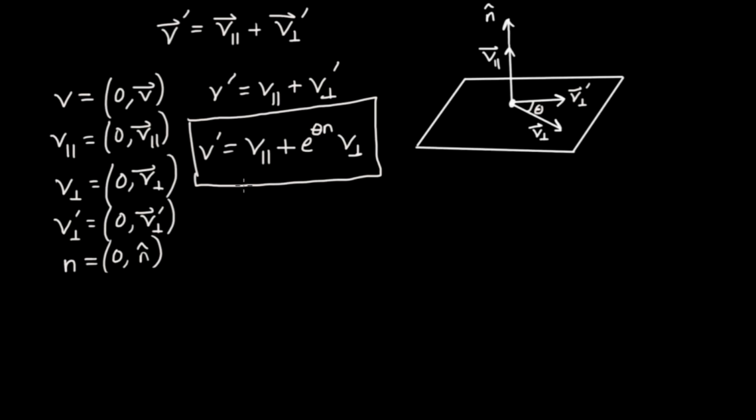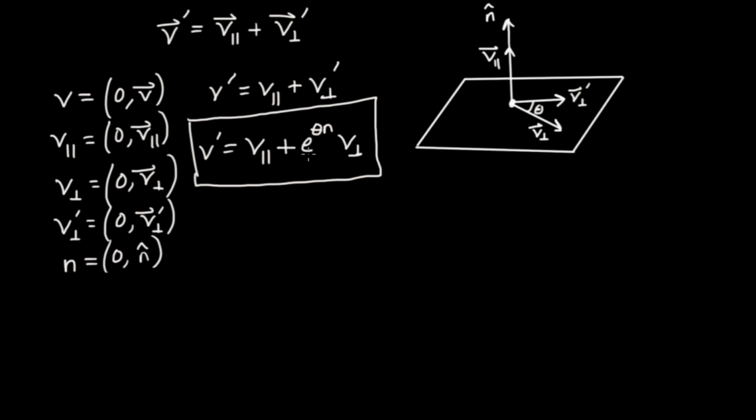And that's it. Also notice in this formula that the v parallel is left unchanged, whereas the only thing being operated upon is the v perp, which is being multiplied on the left by e to the theta n. And that lines up very nicely with what we've been conceptualizing in our picture, that the v parallel is left unchanged and the v perp is the only vector being rotated here.